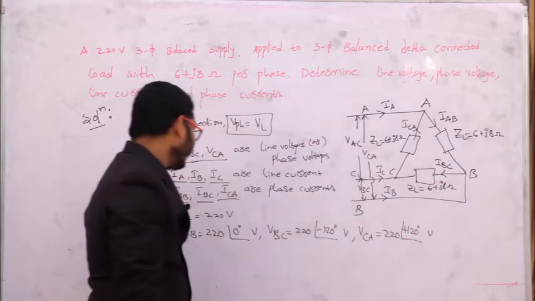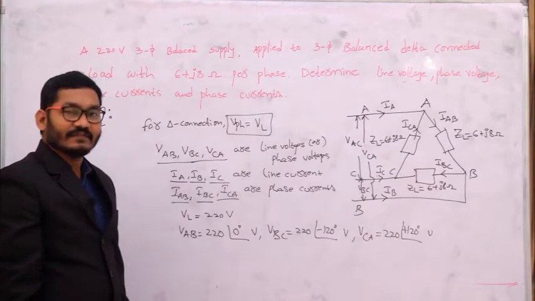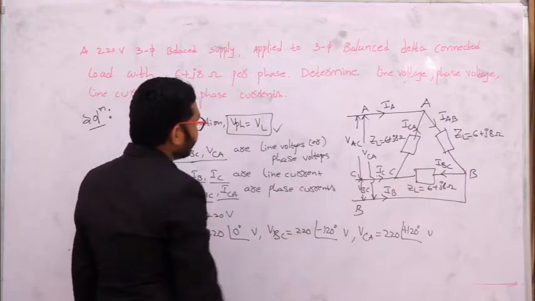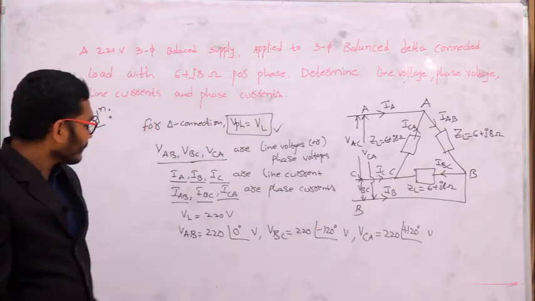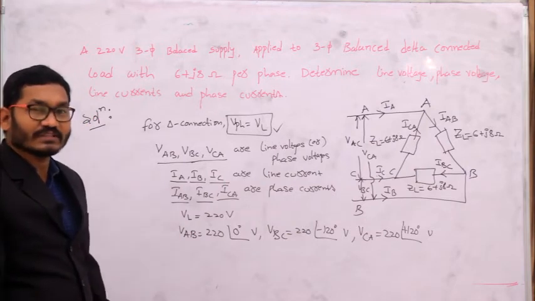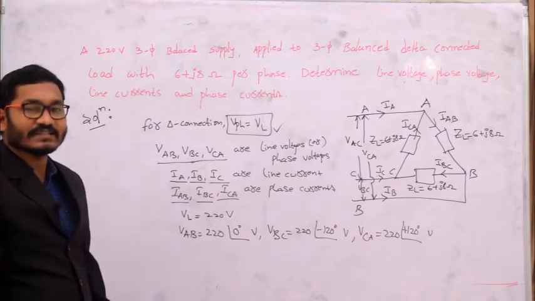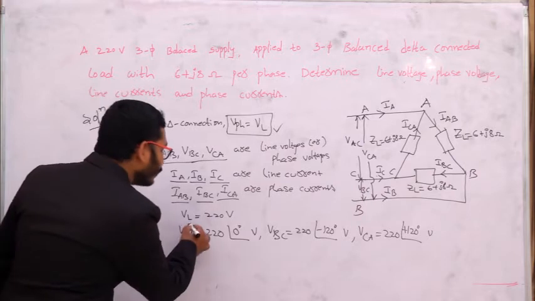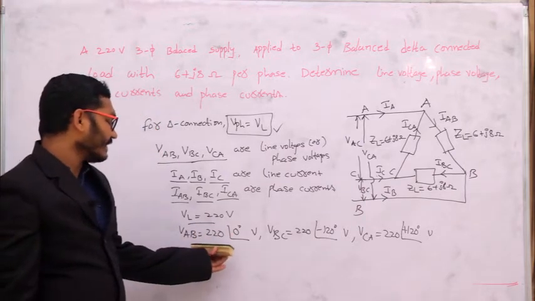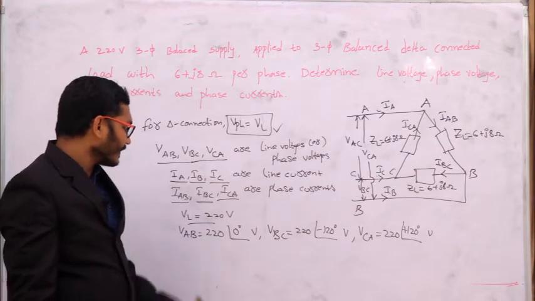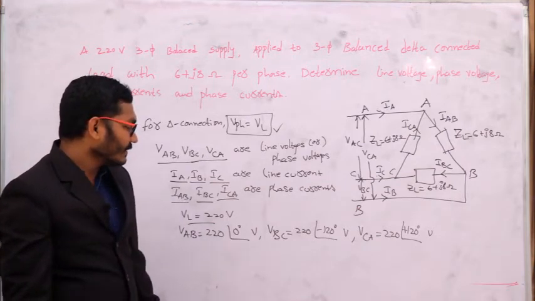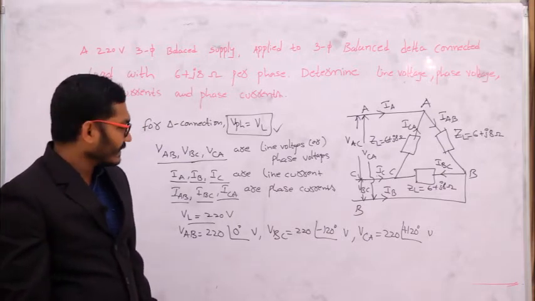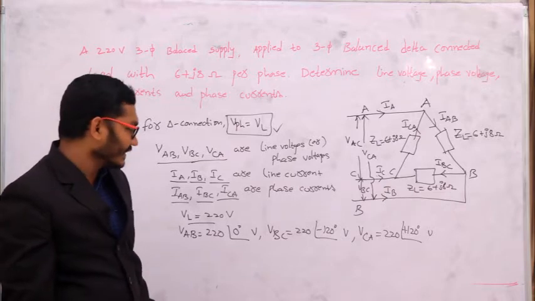These are the line voltages as well as phase voltages, because for a delta connected network the phase voltage equals the line voltage. If a problem mentions a 220 volt three phase supply without anything else, consider it the line voltage. With the ABC phase sequence, VAB equals 220 at angle 0, VBC equals 220 at angle minus 120, VCA equals 220 at angle plus 120 degrees.